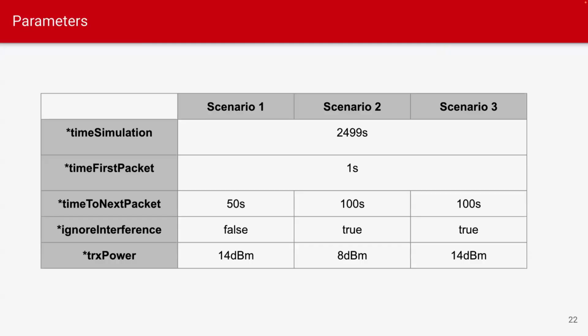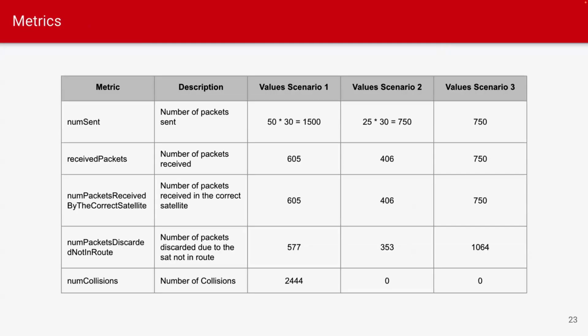Additionally, we also have some metrics that we recorded. Basically, we have 5 metrics. The first one is the number of packets that we sent. In the three scenarios, we have 30 devices, so we need to multiply the number of transmission windows by the number of devices.